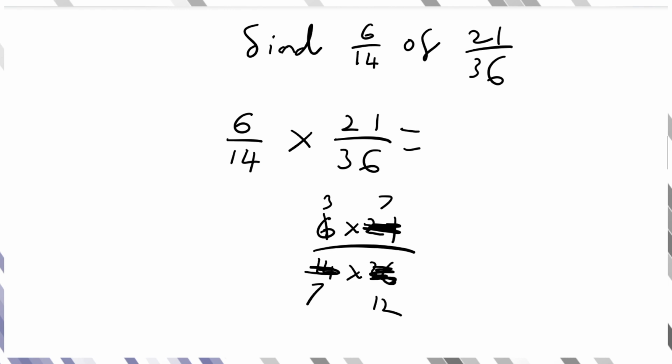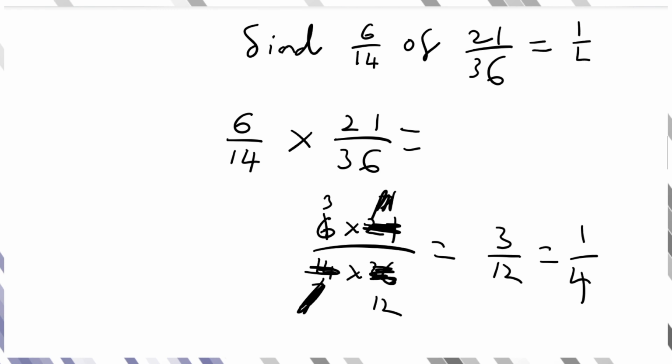But there's a 7 there and a 7 there. Let's just get rid of them completely. They can cancel out with each other. We can go diagonally like that. So we've just got 3 over 12. That cancels down a little bit more to be 1 over 4 if we divide the top and the bottom by 3. So 6/14 of 21/36 is actually a quarter. And that's it.